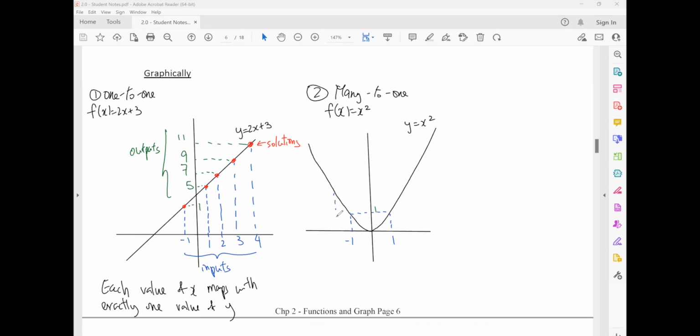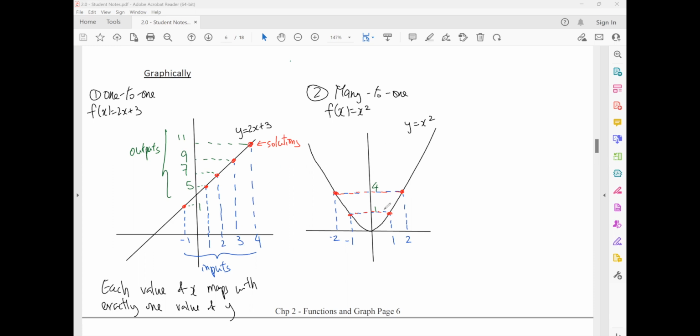If you have -2 and 2, you can see the output is 4. What I'm trying to show you is that these solutions are equal.